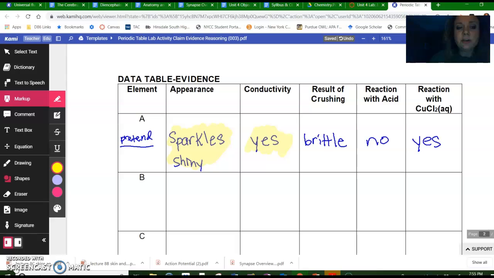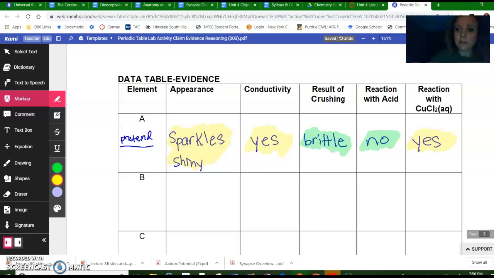The result of crushing, though, is that it was brittle, and that is not a metallic property, that's a non-metal property. Also, another non-metal property is that it did not react with acid. But it did react with copper chloride, the blue solution, so that is a metallic property. So as you can see, my element A shares properties with both metals and nonmetals. So how would we categorize this?